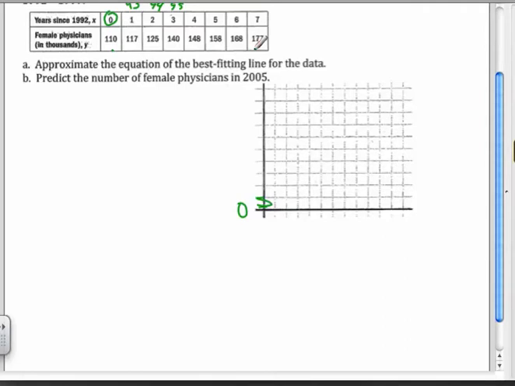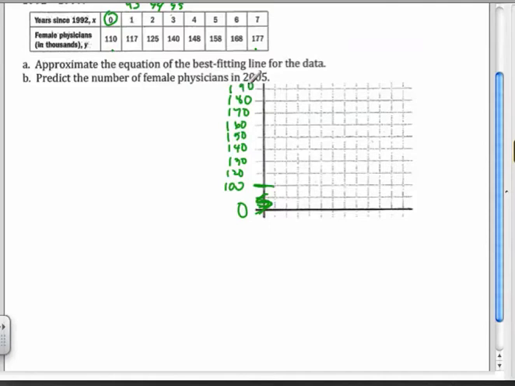So I am cutting this graph, and let's let this line right here be 100. Let's let it go up by, how much do we want to let it go up by each time? 20s? Let's let it go up by 20. So this is 120, 130, 140, 150, 160, 170, 180, 190.